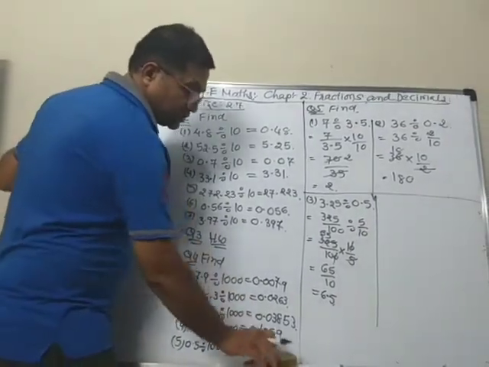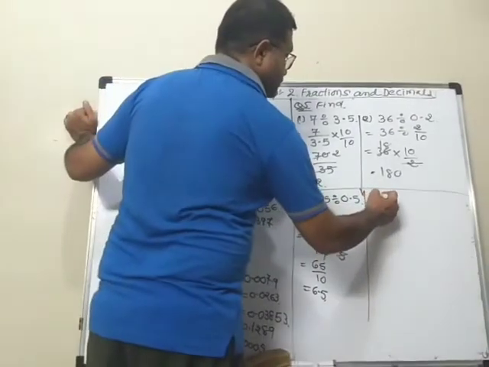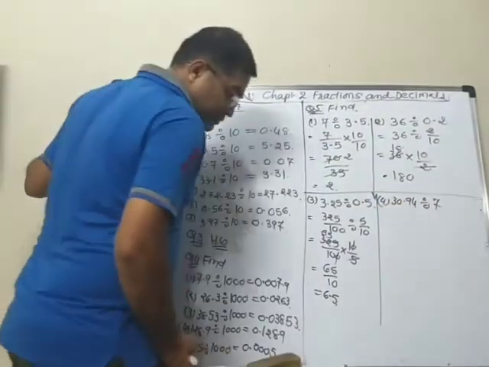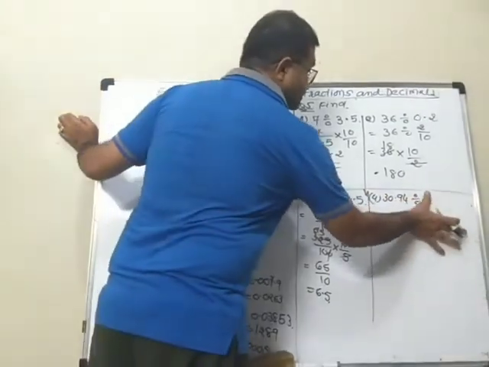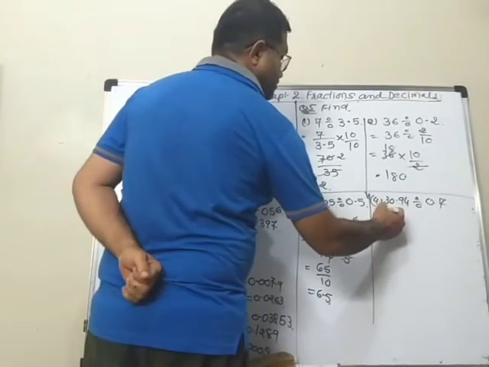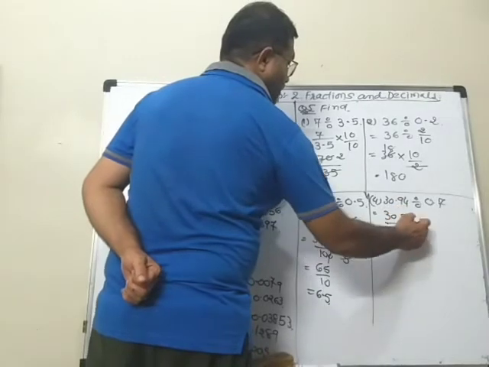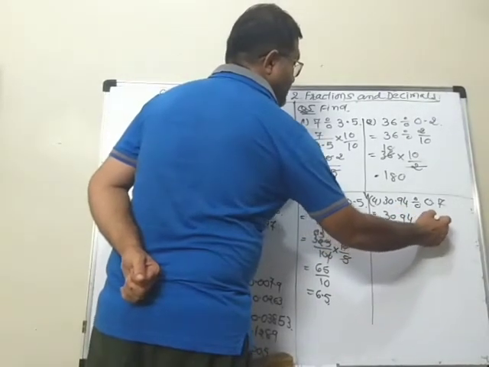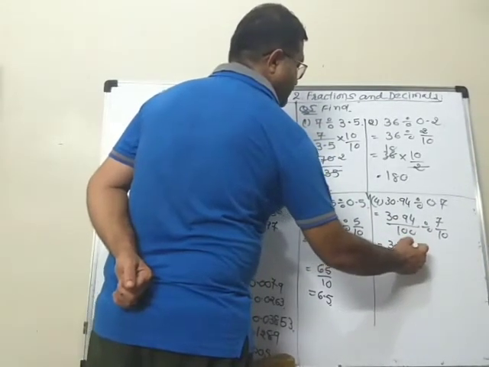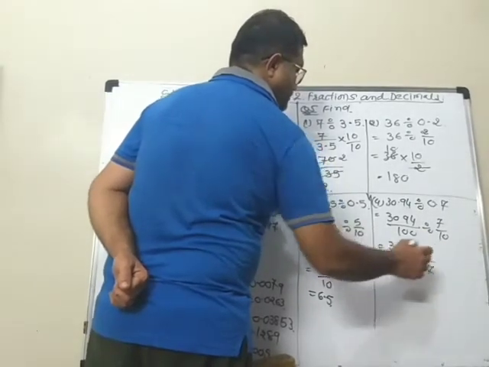Then the other one is fourth one, 30.94 divided by 0.7. That is also we can do like that. 30.94 is 3094 upon 100 divided by 7 upon 10, is equal to 3094 upon 100 multiplied by 10 upon 7.